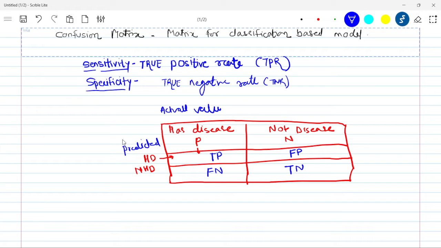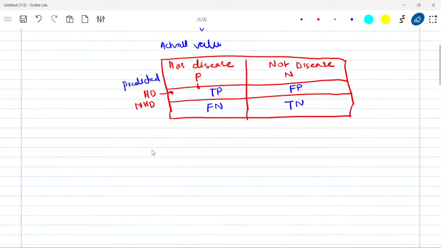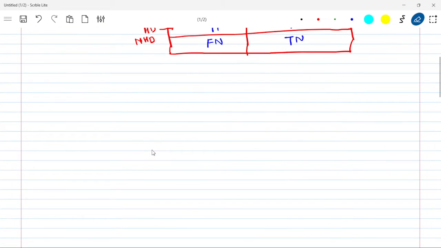Now let's understand what is sensitivity. Sensitivity, as I said, is the true positive rate, that is TPR.